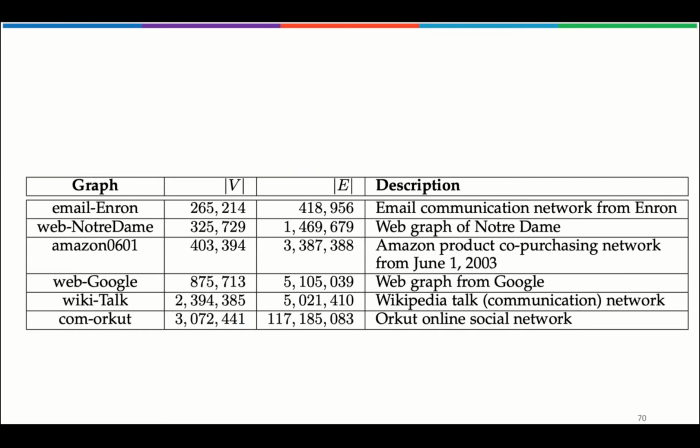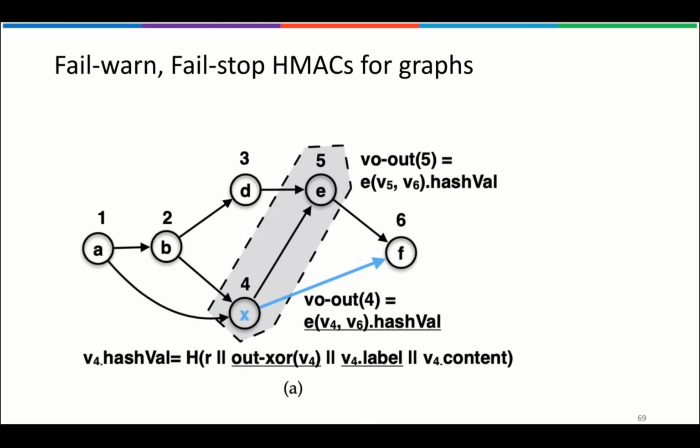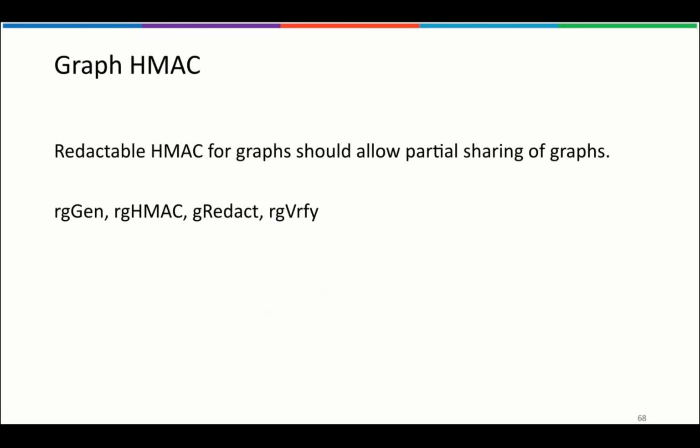Now, how do we implement this HMAC? I'm sorry, I would have loved to go into all those details, but I don't have enough time. Just to give an example of how we implement HMAC for graphs: we take a graph, and we have generated a key already using RGGen.